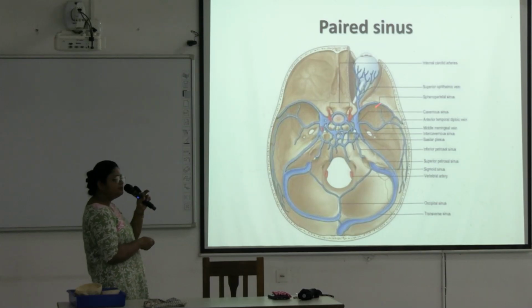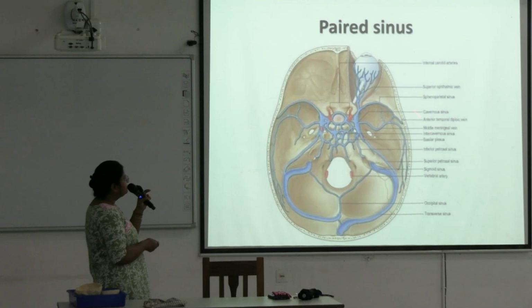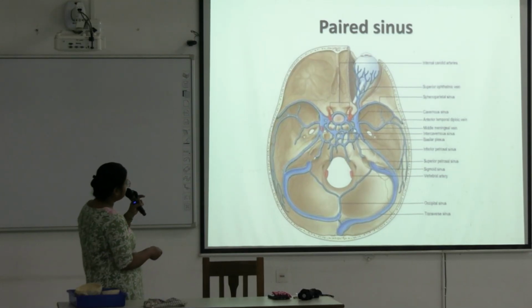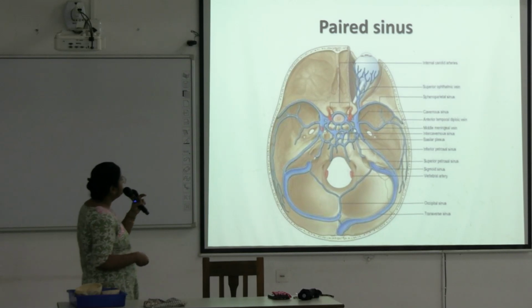This is the lesser wing of sphenoid, so along the posterior margin, this is the sphenoparietal sinus. And here you can see superior petrosal sinus connecting the cavernous sinus with the transverse sinus, and inferior petrosal sinus connecting the cavernous sinus with the internal jugular vein.